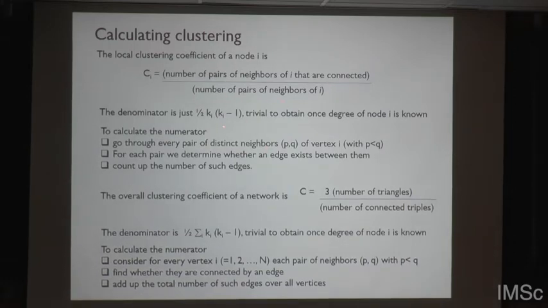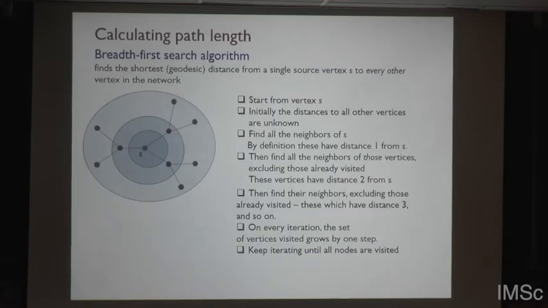So it simply would be half into ki minus 1, and so you work this out for a local clustering coefficient of a node. If you want the overall clustering coefficient, you basically have to extend this to go over all possible neighbor pairs of all the nodes, and that will give you the overall clustering coefficient.